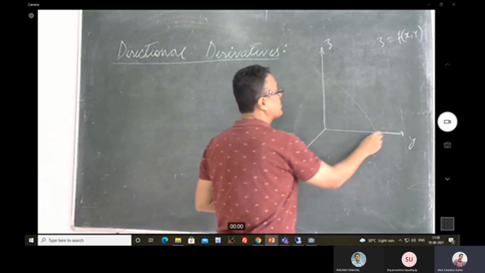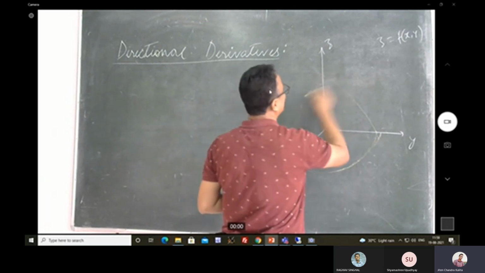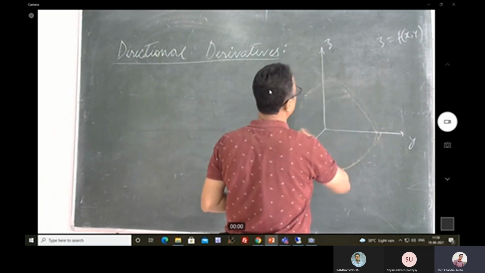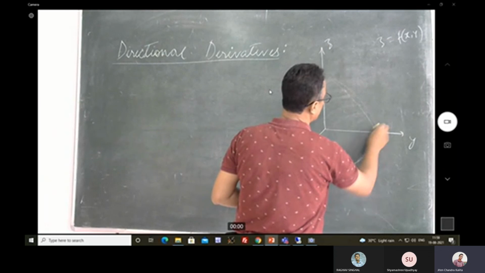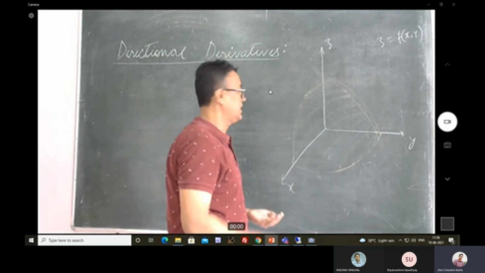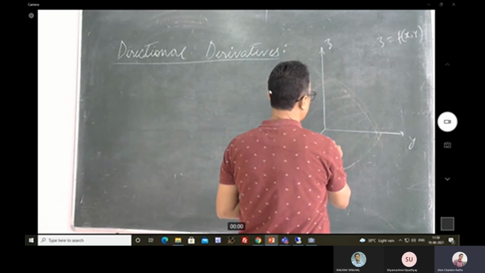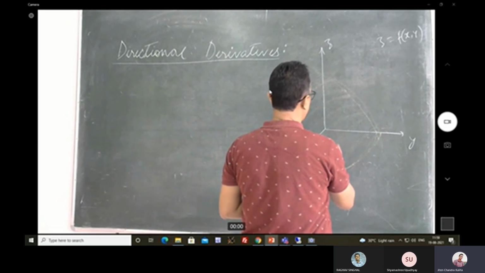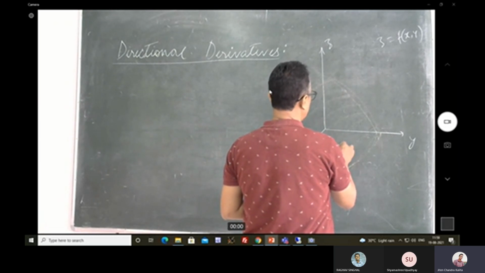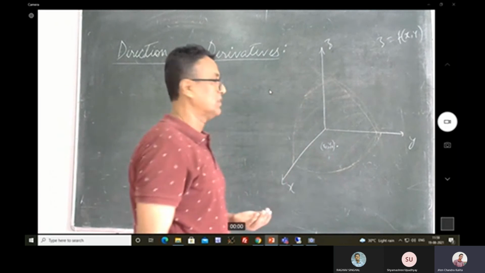It doesn't mean that you cannot consider it anywhere, but it is easier for me to display. So suppose this is the graph of a function, and I am considering a particular point, say this, let me call it x0, y0, in the domain of definition of the function.